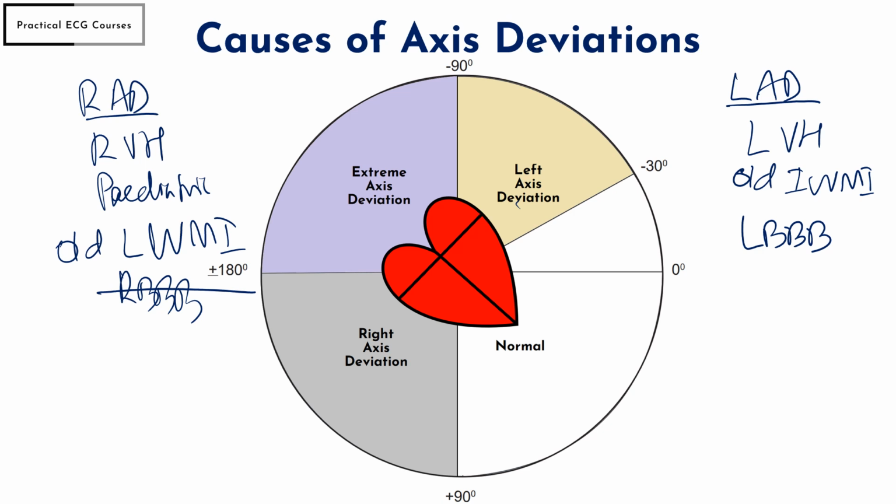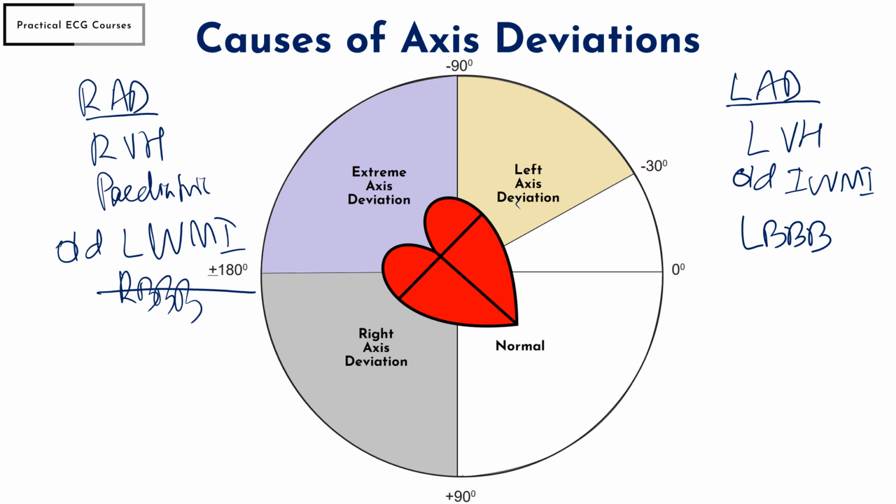I would like to re-emphasize that isolated right bundle branch block does not have any axis deviation. This is very important because if you have an axis deviation, then it becomes a bifascicular block. So remember that while left bundle branch block causes left axis deviation, right bundle branch block does not cause right axis deviation or left axis deviation for that matter.